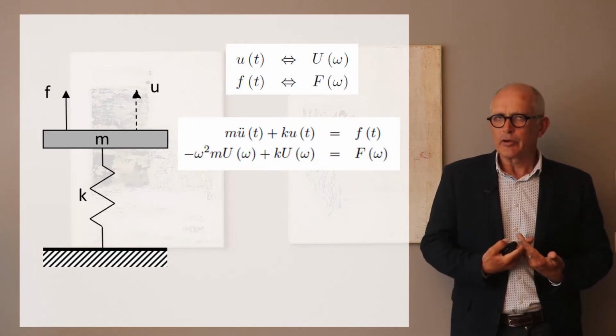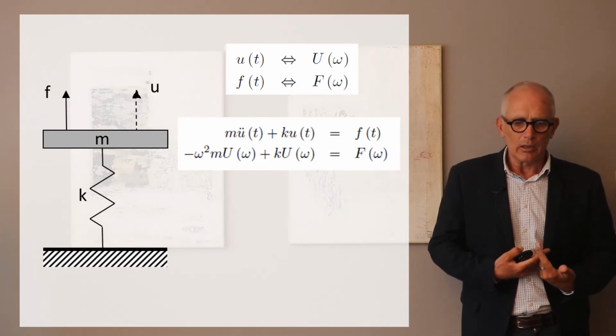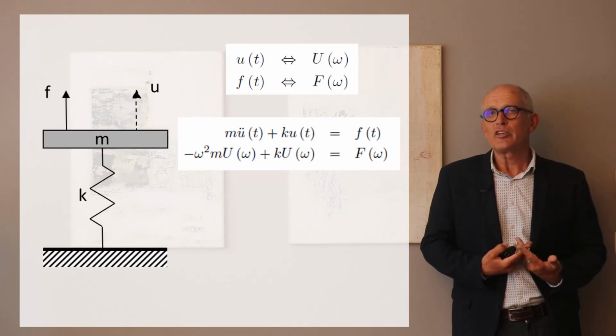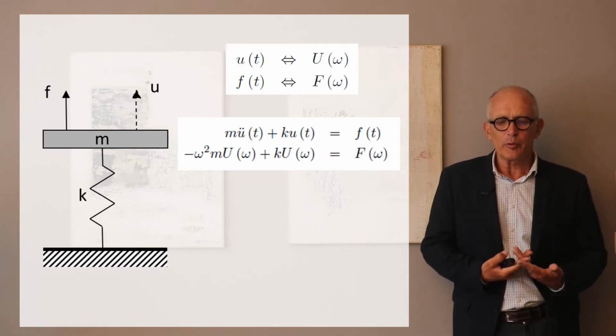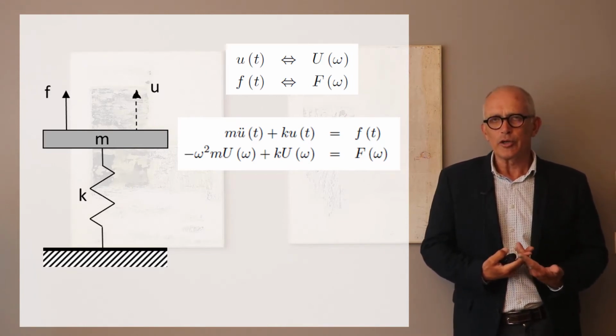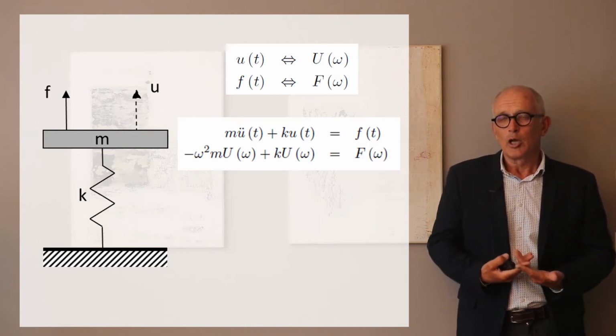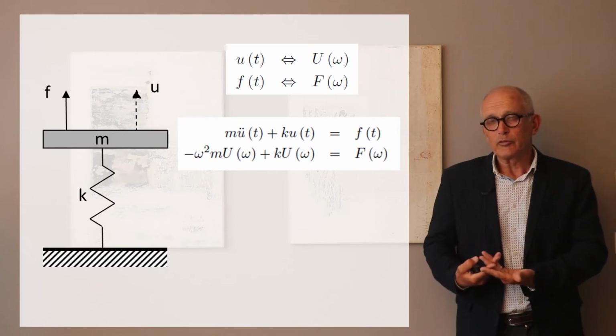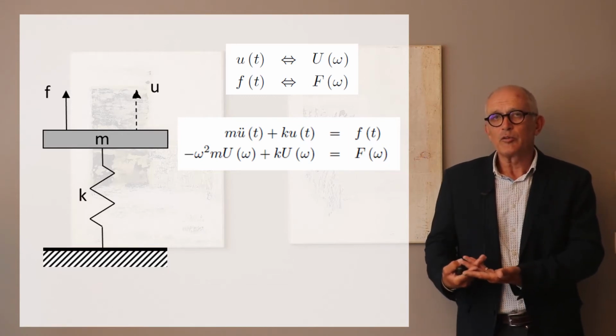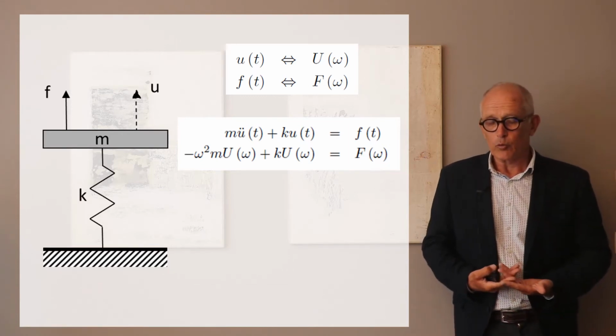If we apply the very basic principle of mechanics to the system, we see that we can describe the displacement by a differential equation, which is just that mass times acceleration plus the stiffness constant times the displacement is equal to the applied force.